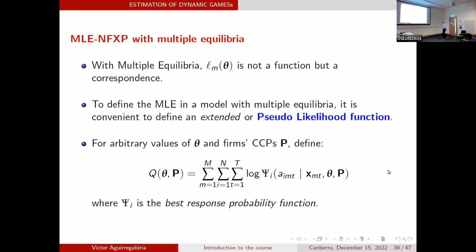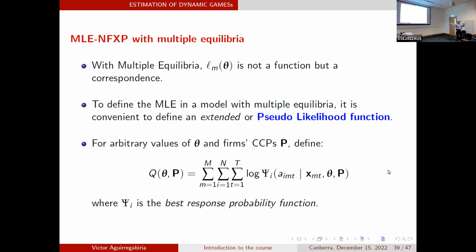Now we have basically the same type of interpretation, with the only difference that these belief parameters are not only beliefs about how I'm going to behave in the future, they are also beliefs about how my competitors are going to behave now and in the future, according to their choice probabilities, okay? Then this P has a P_i, my own behavior in the future, and a P_{-i}, the behavior of my opponents.